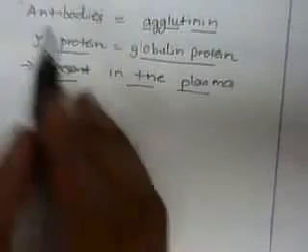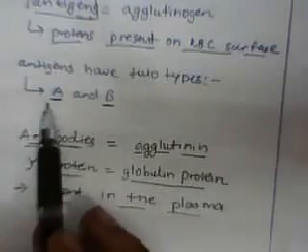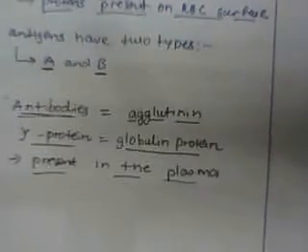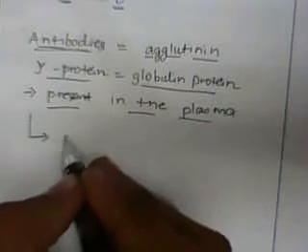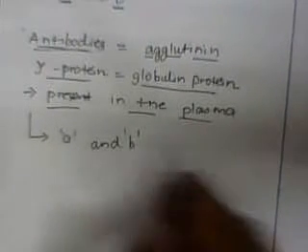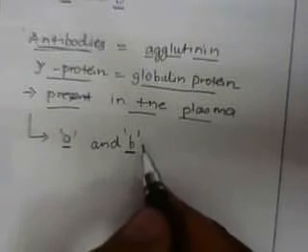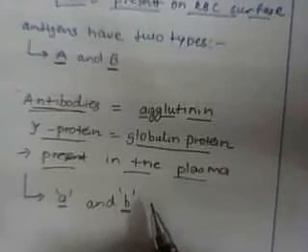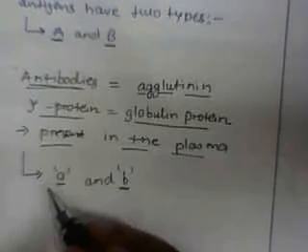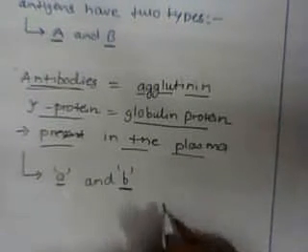But antibodies also have two types, because antigens also had two types, A and B. Similarly, antibodies also have two types. But the one thing that you notice here is that I'm using small alphabets, whereas in the case of antigens I used capital A and B. Here we have small a and b.